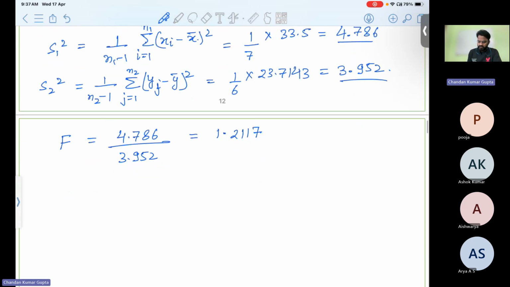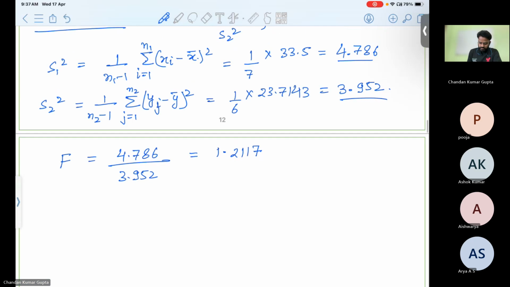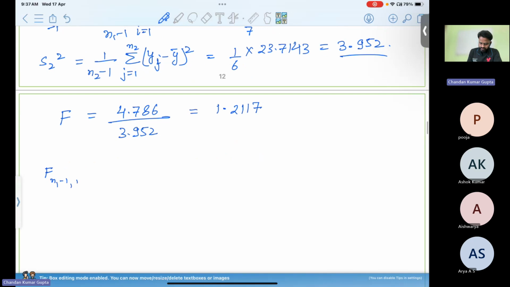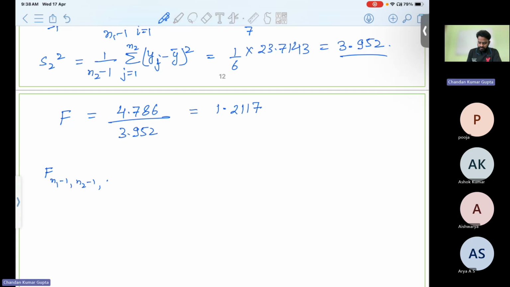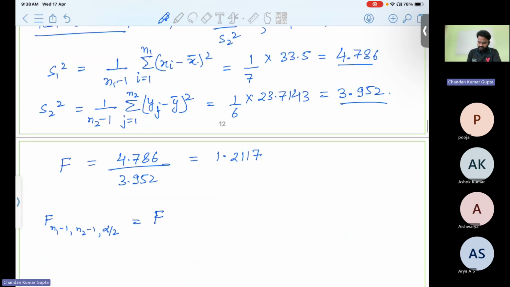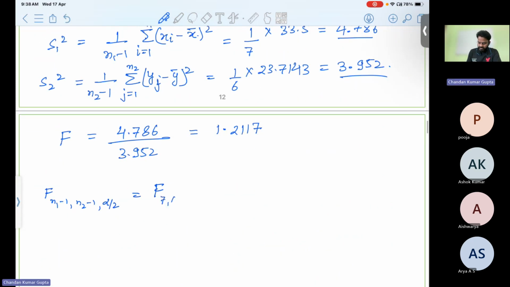Now the tabulated value. So F value at n1 minus 1, n2 minus 1 at alpha by 2 is F at 7 and 6 and 0.025.